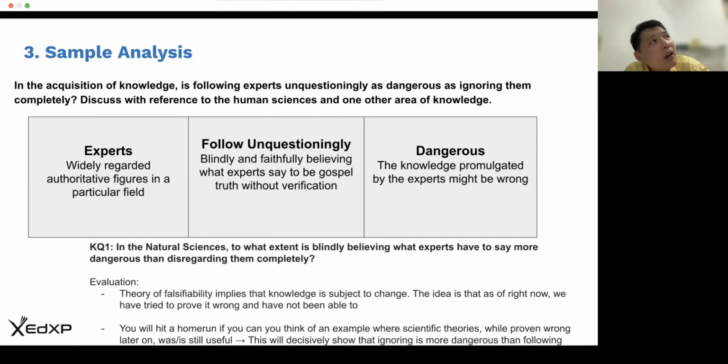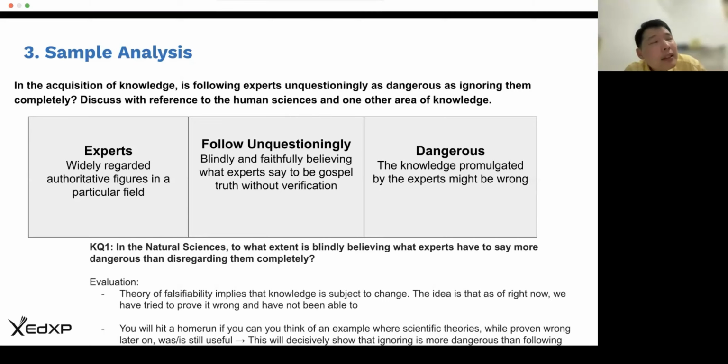Even though it's proven wrong, for the imperfect worldview that we have, it still works. So what's wrong with that? I want everybody to think about that a bit carefully. Yes, it might be wrong. It might not be the perfect theory, but it works. It still works for whatever purposes we need it to work.